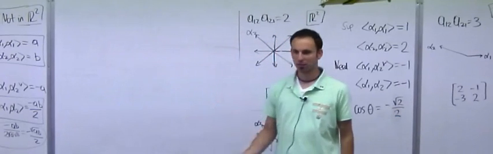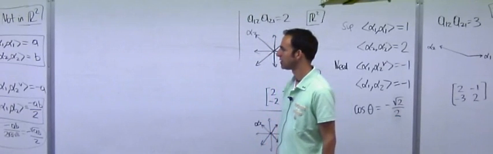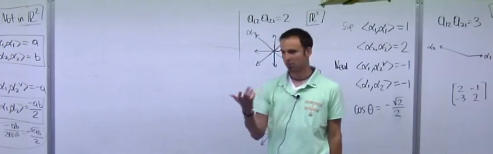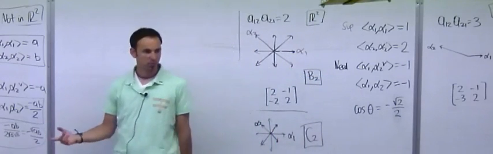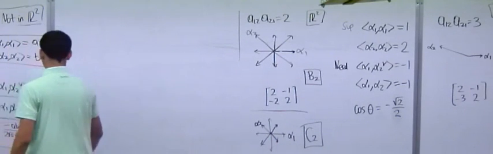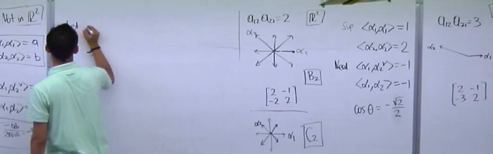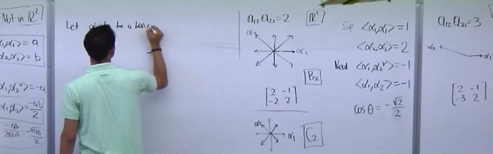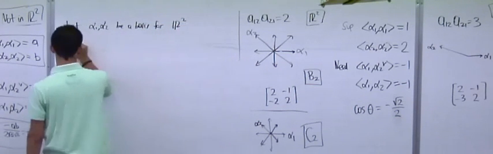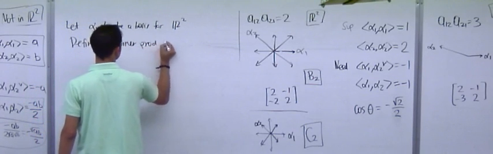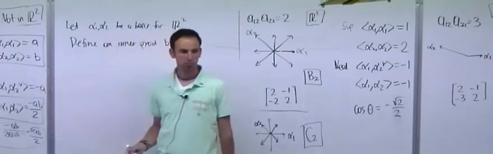But I can do this. The point is I have to choose an inner product on R2. Okay. How do I define an inner product? Well, by defining on a basis what the products of the things in the basis are. Alpha 1 and alpha 2 are a basis, so let alpha 1 and alpha 2 be a basis for R2, and let me define an inner product by just forcing these things to be true.